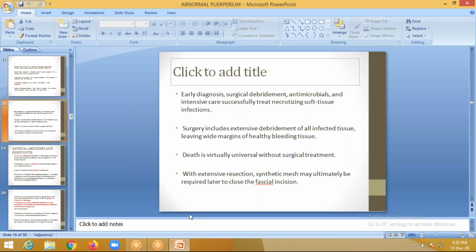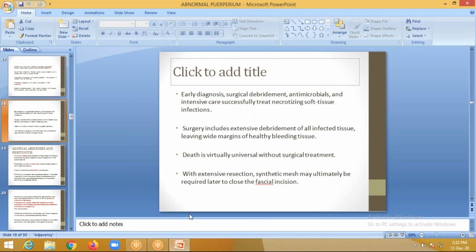Early diagnosis and surgical debridement, antimicrobials, and intensive care successfully treat necrotizing soft tissue infections. So we have to diagnose as early as possible, and surgical debridement is needed. Surgery includes extensive debridement of all infected tissue, leaving wide margins of healthy bleeding tissue. So while doing surgical debridement, we have to remove all the devitalized tissue, leaving healthy margins. Then only the wound will get blood supply and start healing.